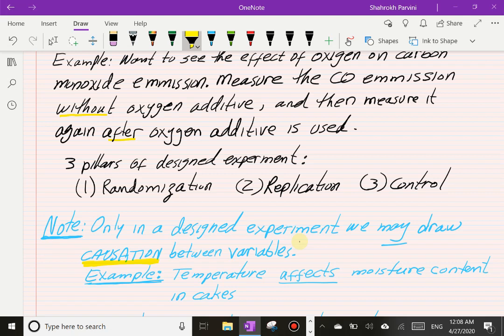Could be the age of the house also. But see, I can draw causation there. Now, in my example here, I can say that the temperature affects moisture content in cakes, right? Here I can draw causation. So temperature is the treatment that's applied to the baking time of a cake.